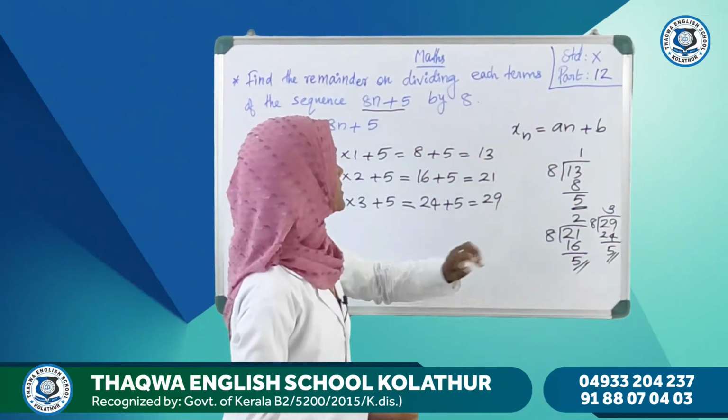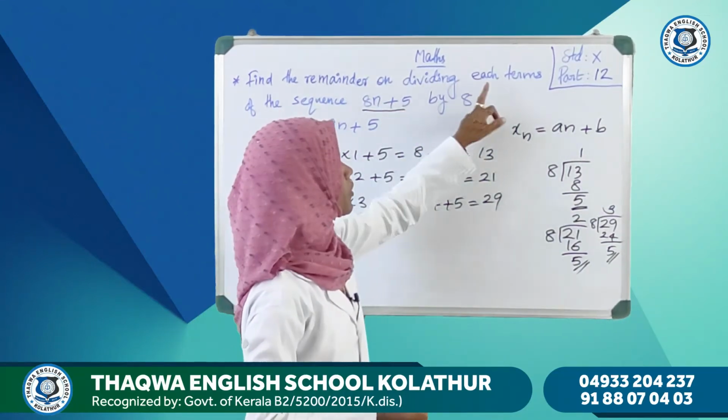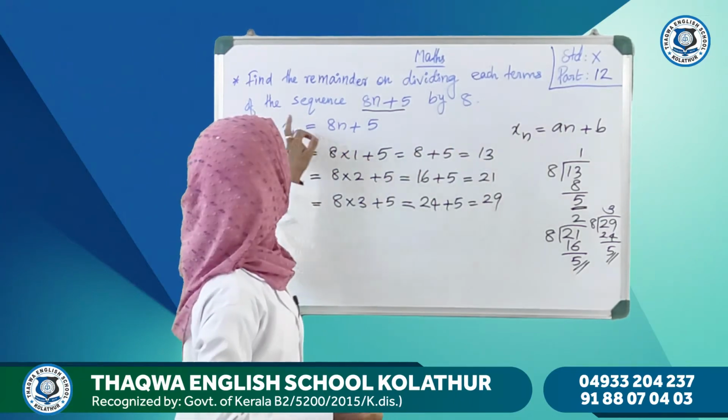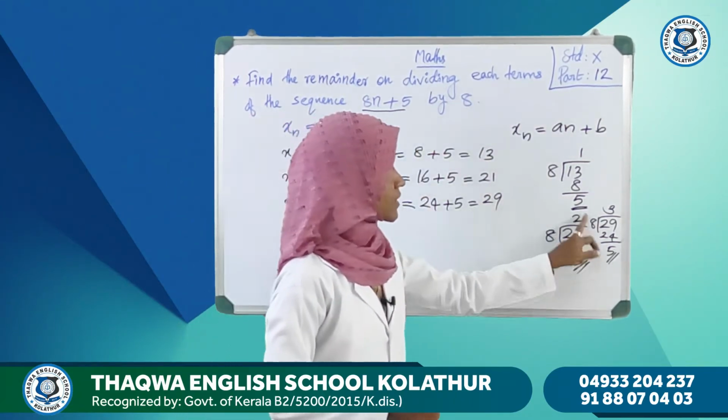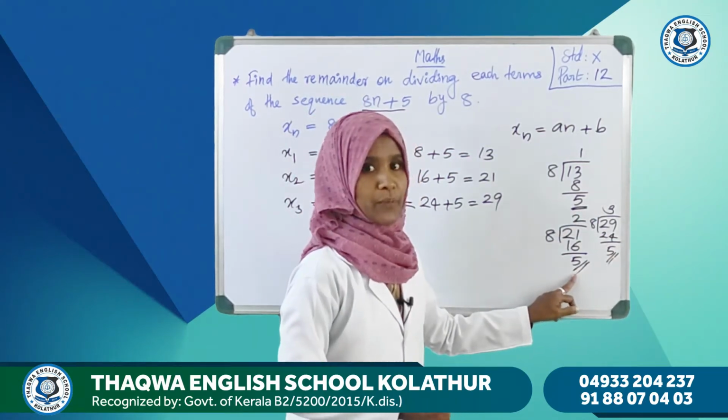So we can say that the remainder on dividing each term of the sequence 8n plus 5 by 8 is 5.